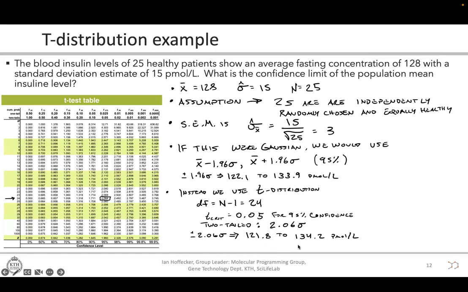So in 95% of universes, the true mean lies within this range. And that's the population that we're talking about. And we're able to say this despite the fact that we only had measured quantities here. We only have the measured standard deviation, the sample standard deviation that we use to get the estimator, and we have only the sample mean that is our estimator for the population mean in this case.